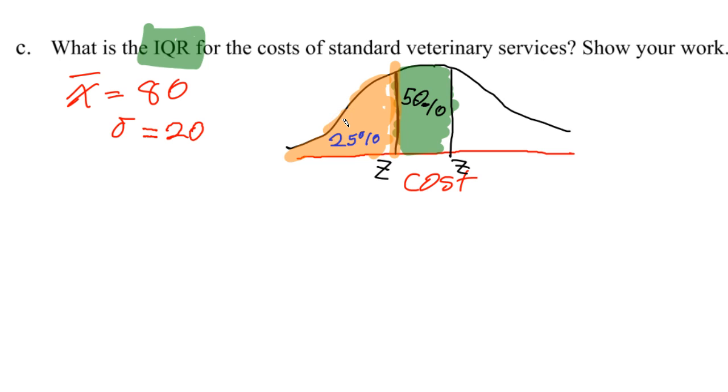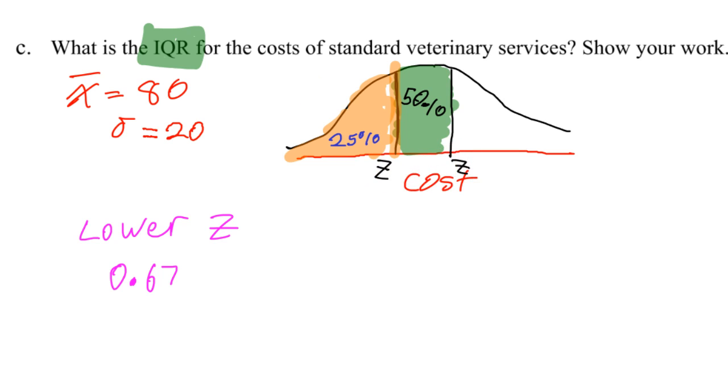When I went to my z-score table and looked at the z-score that gave me 75% of the data below it, I got about 0.67. Okay, well now what about this?